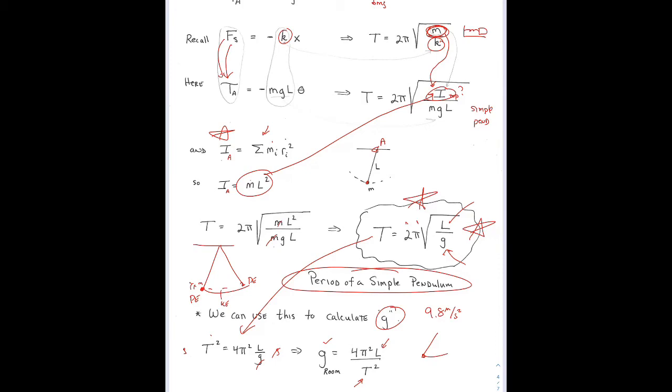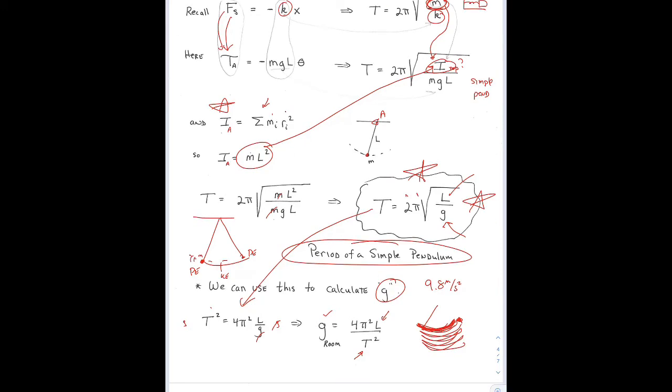This thing just goes back and forth, you get a timer, and you go click right when it's there, and then 1, 2, 3, 4. You do 10 of those and you'll get the total time. Then the period is your total time divided by 10.